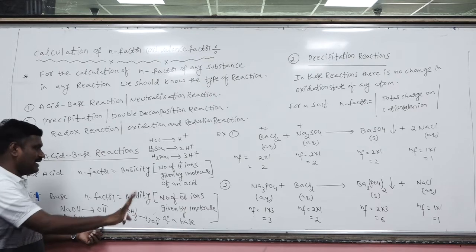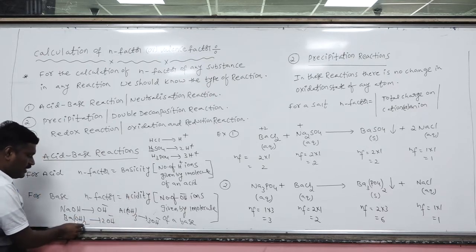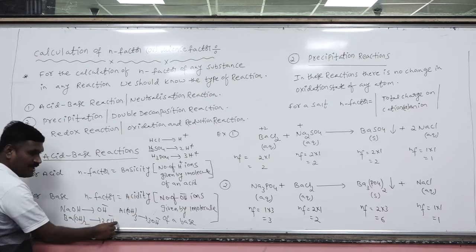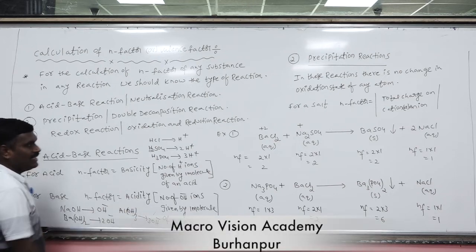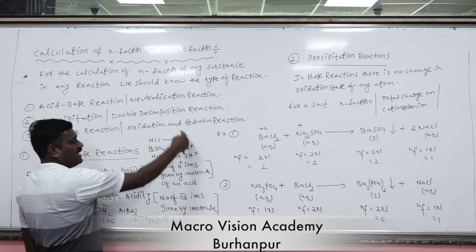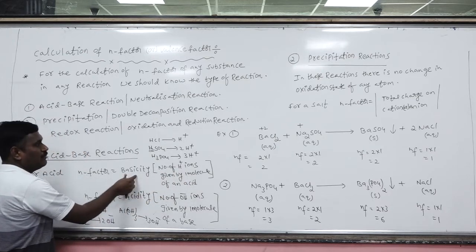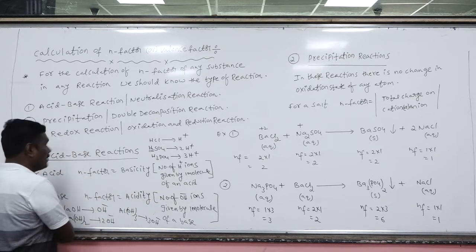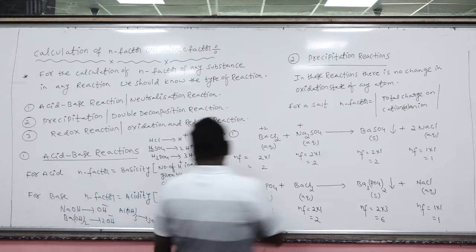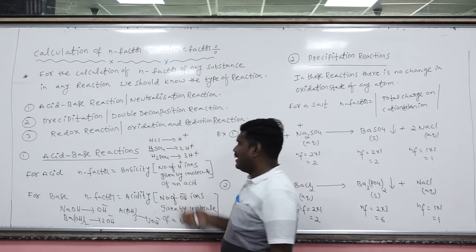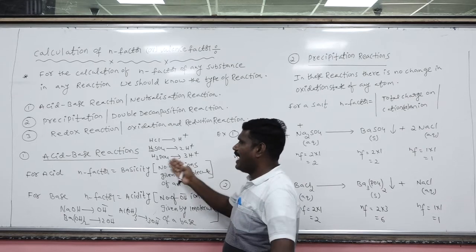If the reaction is not given, the maximum number of OH minus ions furnished from one molecule of a base is referred to as its acidity, and the maximum number of H plus ions furnished from one molecule of an acid is taken as its basicity. Now we know how to calculate the equivalent weight of acids and bases.